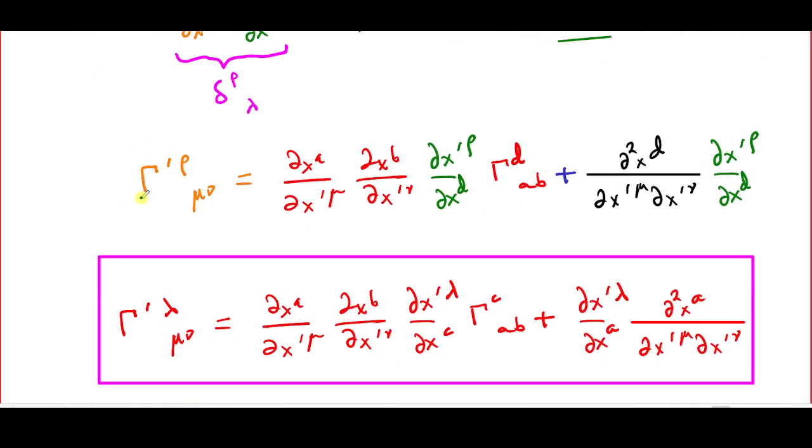Well, we can of course rewrite this with lambda mu nu here. All we have to remember is rewrite these rhos here as lambdas, and what we have also done is change this d, which is a dummy index anyway, to a. It was not necessary, but it just makes it look neater to use a smaller number of indices.